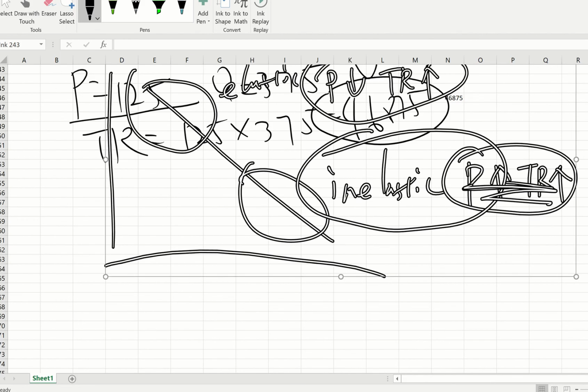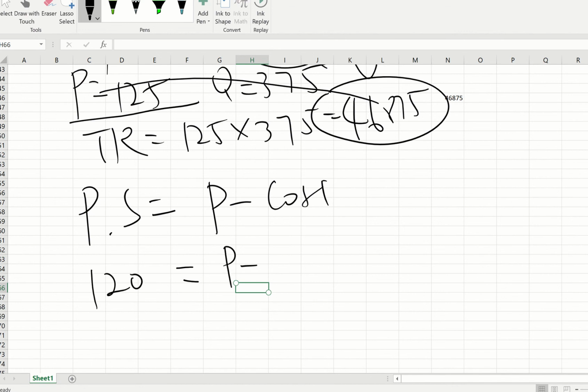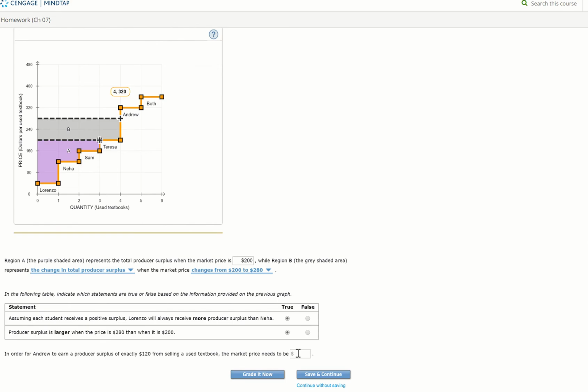Your producer surplus equals the price of the good minus the cost of the good. So if your producer surplus is 120 and your cost is 320, that means your price must be 440. Okay, so let's put in 440.